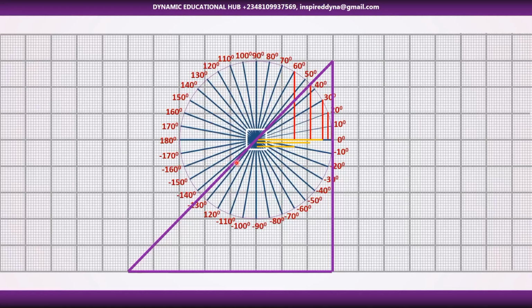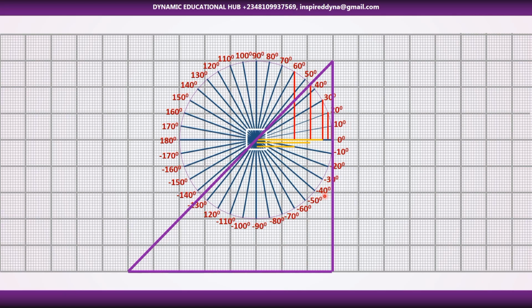Now we can see that this one will still be 45 degrees, and don't forget that in a right angle isosceles triangle, we have two of its interior angles as 45 degrees, and because it is a right angle triangle, the third angle is 90 degrees. So that is what we've been able to see here, 8 units and 8 units.